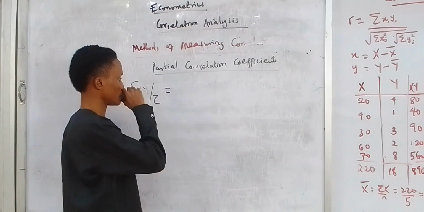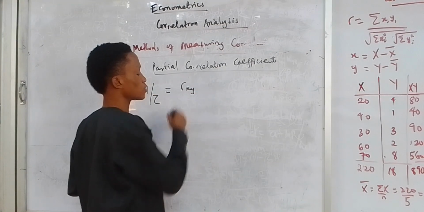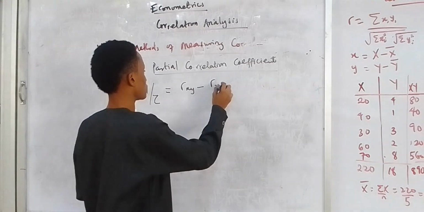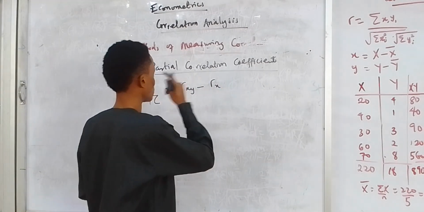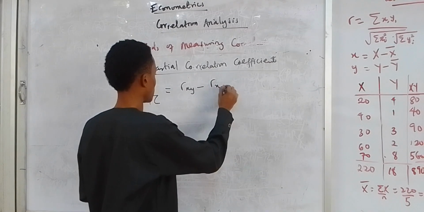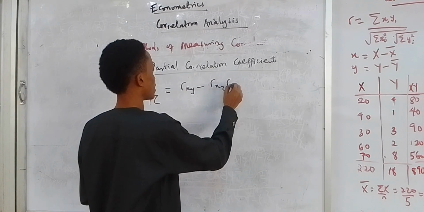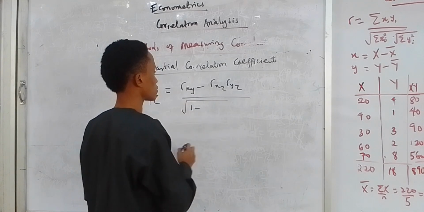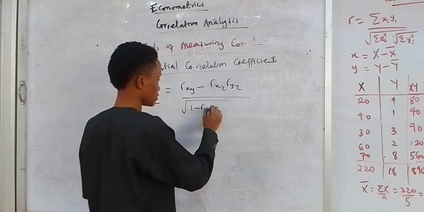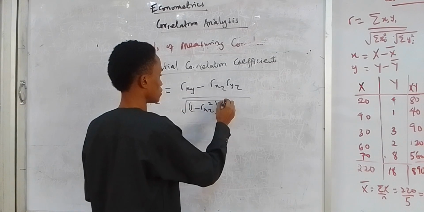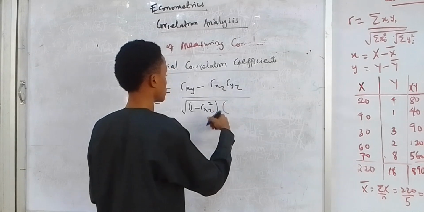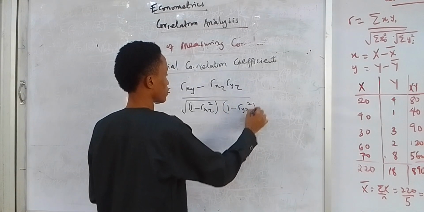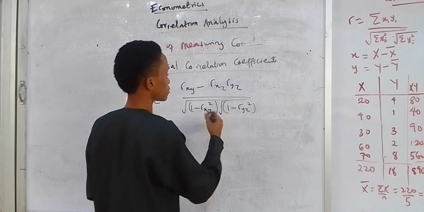Now the formula is rxy minus rxz ryz, over the square root of 1 minus rxz raised to power 2, into brackets 1 minus ryz raised to power 2. We take the square root.